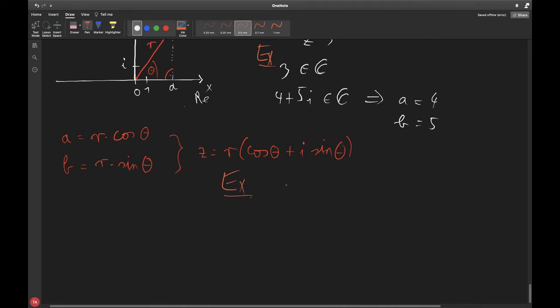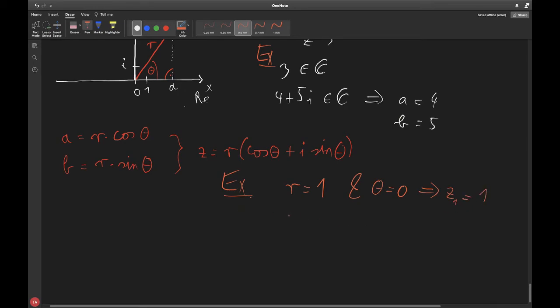If I put r to be 1 and the angle to be 0, then sine of theta, which is 0, is going to be 0. Cosine of 0 is 1. So this leads us that our complex number z1 is going to be just the number 1.